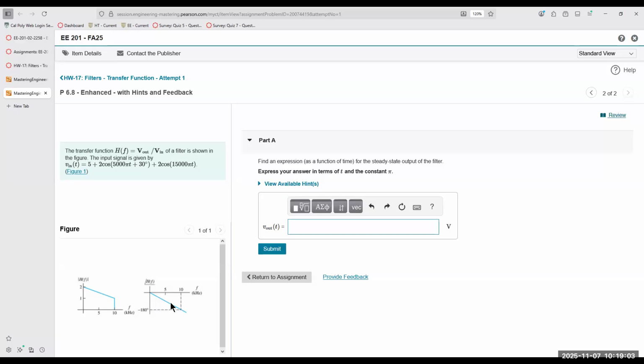And at 7.5, it would be 135. But let's see. You entered minus 135, right? Try entering 360 minus 135. Try entering plus 225. See if that works.